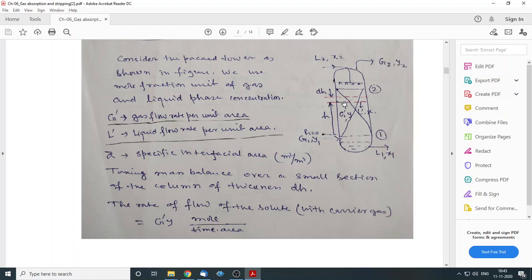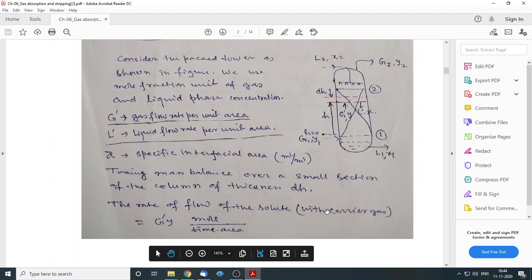G dash into Y and L dash into X. G dash is the gas flow rate per unit area, Y is the corresponding concentration in mole fraction, L dash is the liquid flow rate per unit area, and X is the mole fraction concentration in the liquid. Now absorption is going on, so mass transfer is happening from the gas phase to the liquid phase.